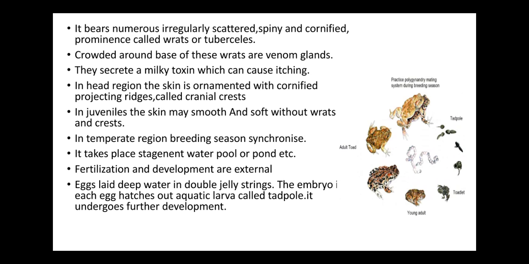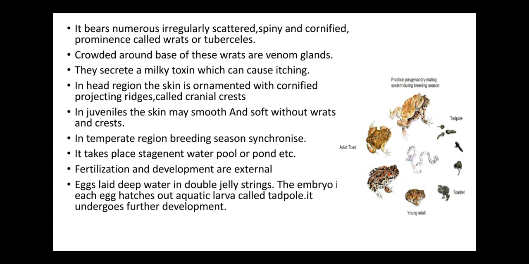Crowded around the base of the warts are venom glands. They secrete a milky toxin which can cause itching. In the head region, the skin is ornamented with cornified projecting ridges called cranial crests. In juveniles, the skin may be smooth and soft without warts and crests.